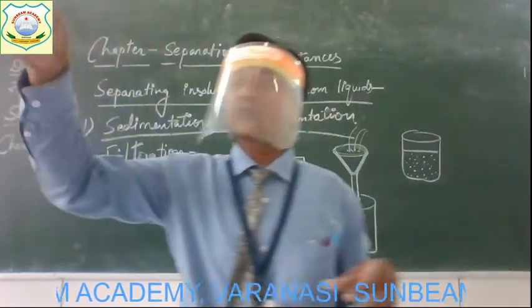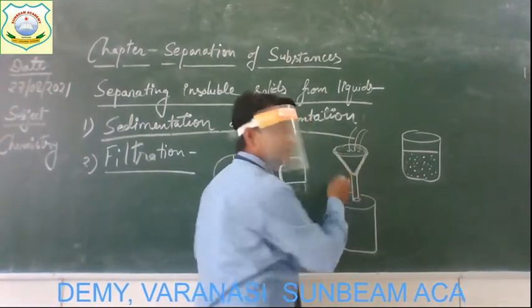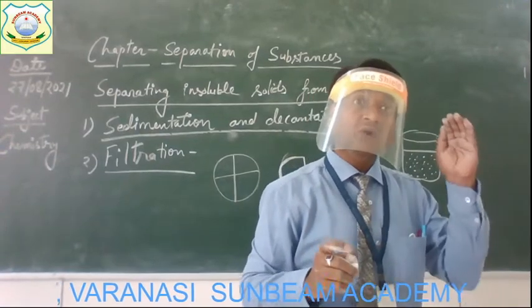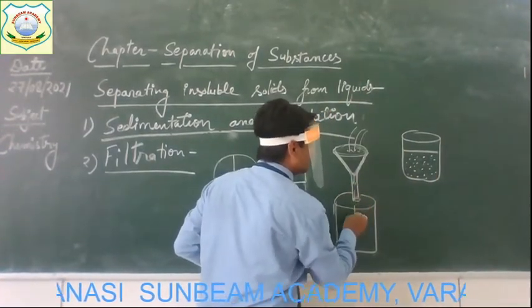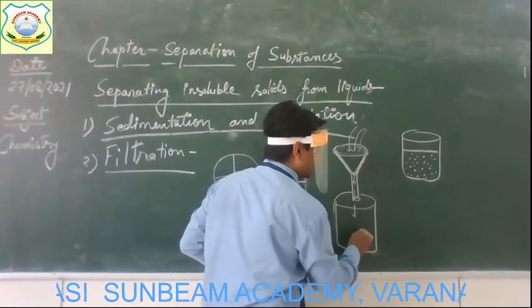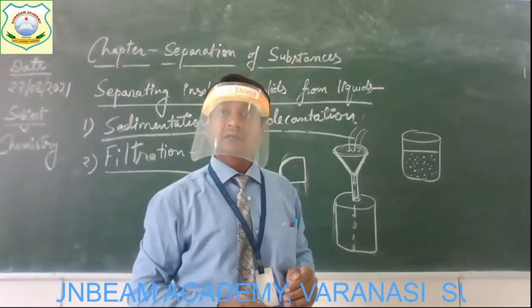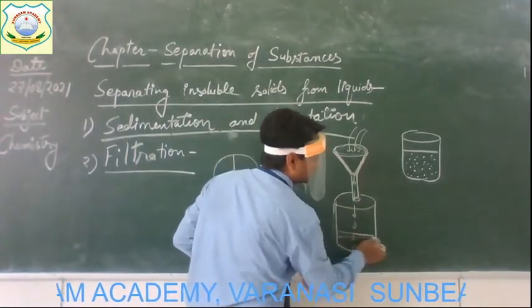So when you pour it, what will happen? The filter paper will act as a sieve. Only the water is allowed to move down and get collected here. Get it? Only the water will move through it and be collected in this beaker.